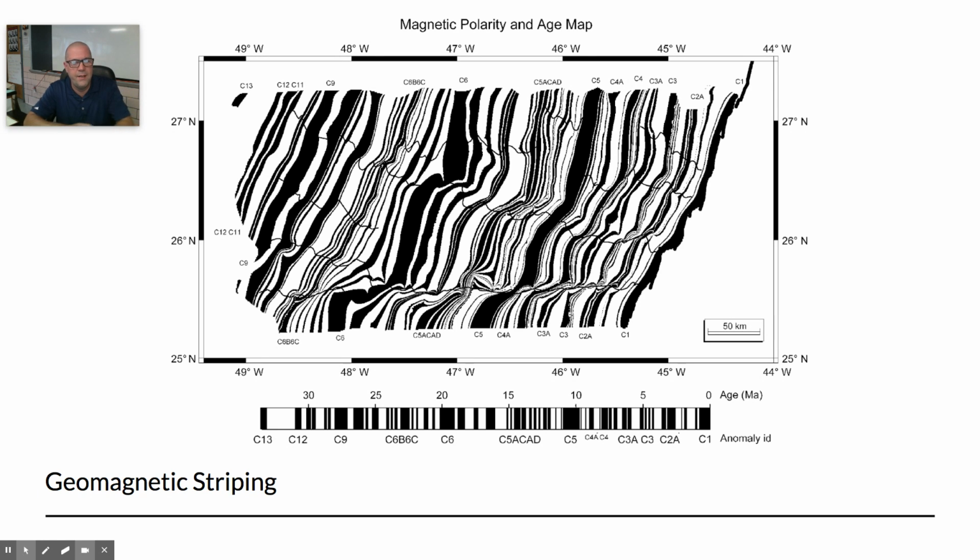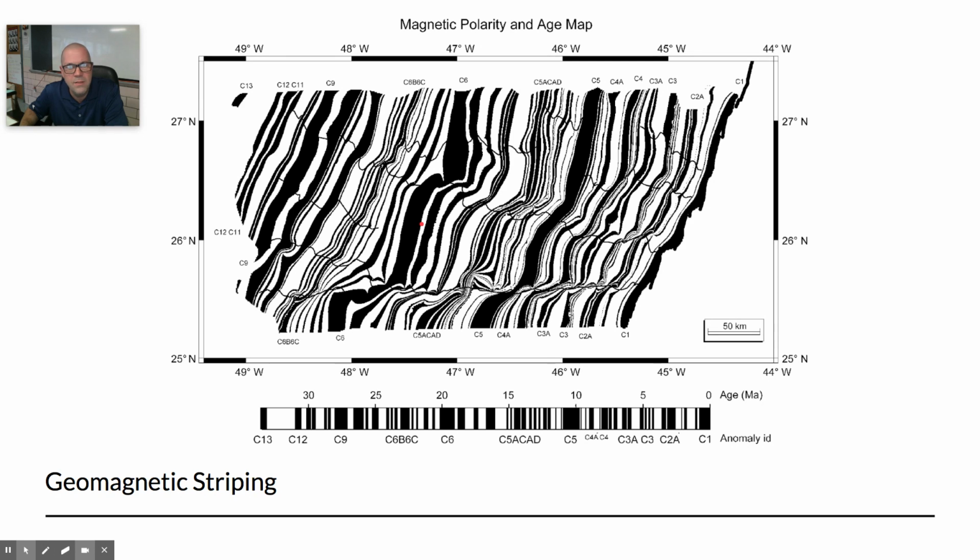If we want to look at a more professional representation, or how a geologist may look at this information, you see here the contours of the ocean floor. Once again you see these black stripes and white stripes. The black stripes indicate normal polarity, the normal north and south of the magnetic poles, and the white stripes have undergone a flip.